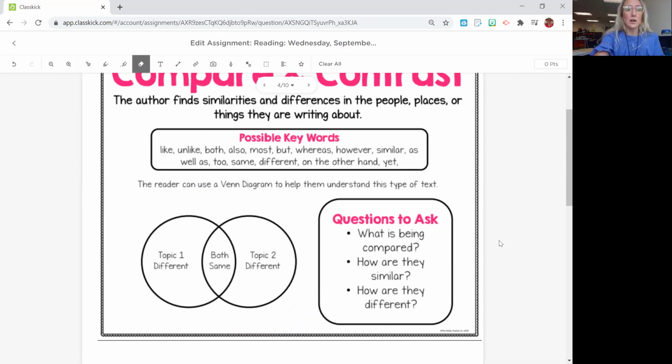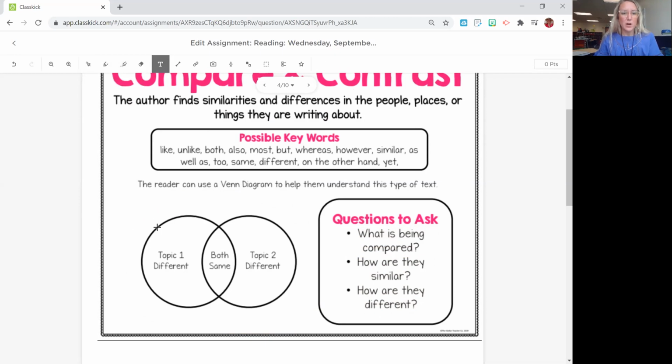Some of those are, what is being compared? What are the topics? How are they similar? And how are they different? Now, we're going to practice this in just a minute, but let's look at our Venn diagram first and look at the different parts.